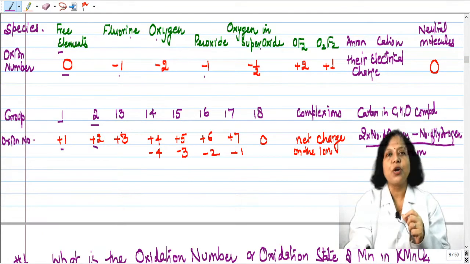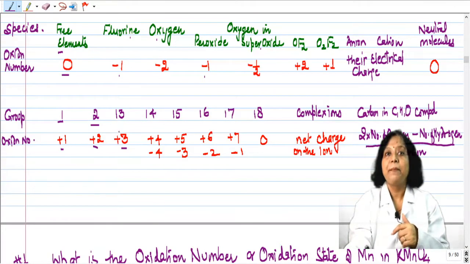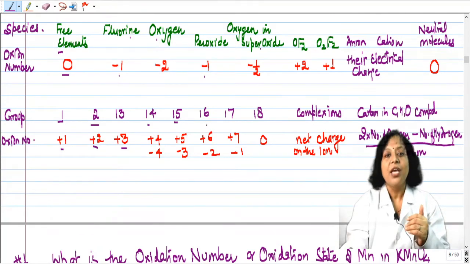If it is group 3 or group 13, plus 3. Group 14 is plus 4, minus 4. Group 15 is plus 5, minus 3. Group 16 is plus 6, minus 2. Group 17 is plus 7, minus 1. Group 18 is 0.